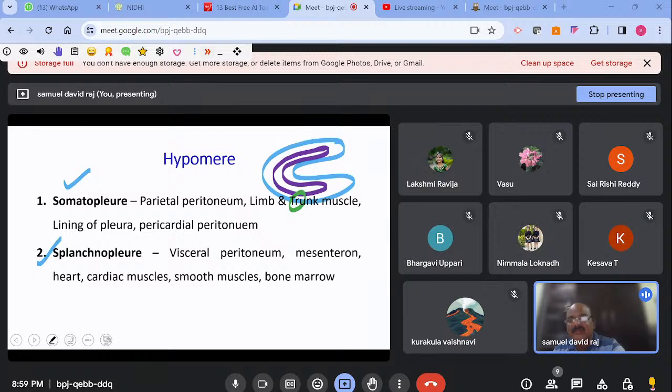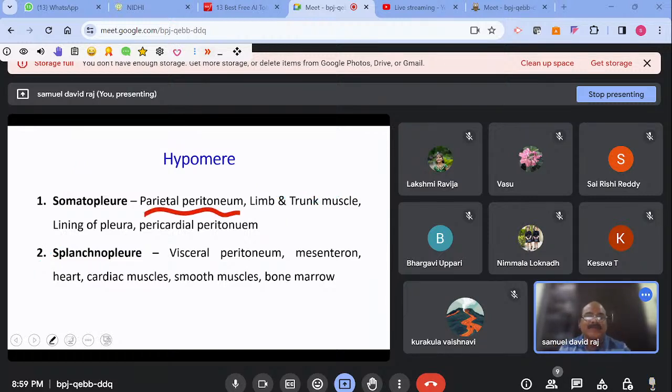And splanchnopleure refers to this ring, that is endoderm and splanchnic or inner mesoderm. So here the somatopleure gives rise to the parietal peritoneum, limb and trunk muscles, and linings of the pleura. Pleura is the outer layer of the lungs, and also the pericardium, pericardial peritoneum.